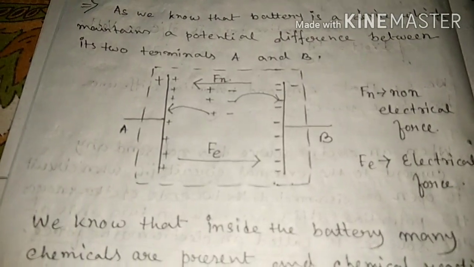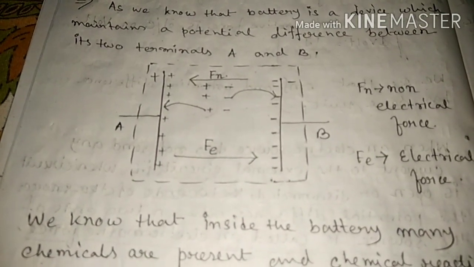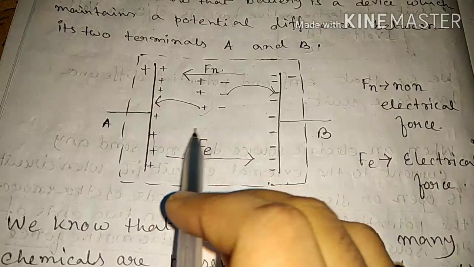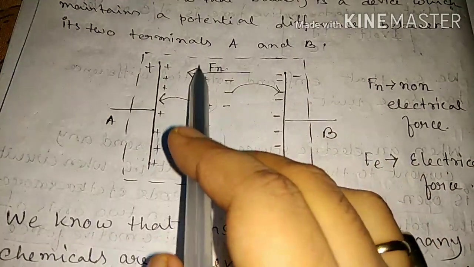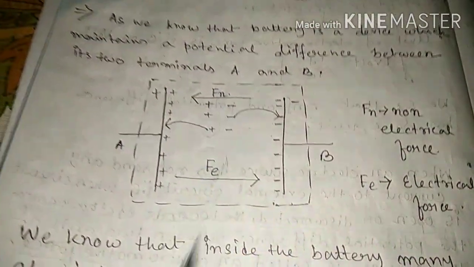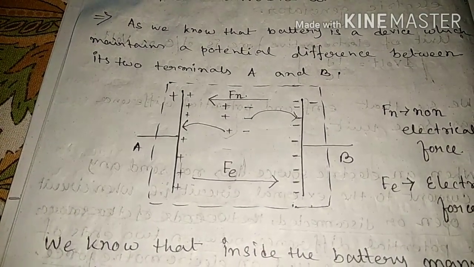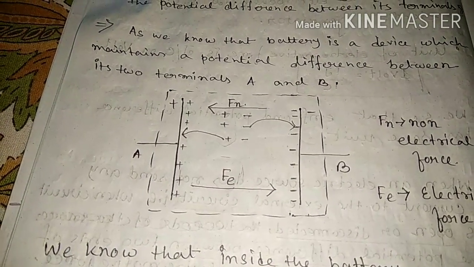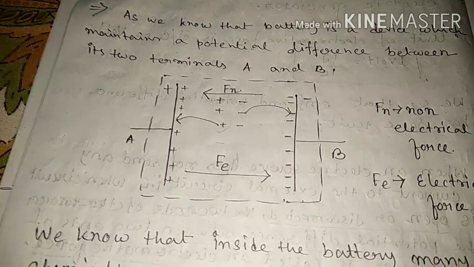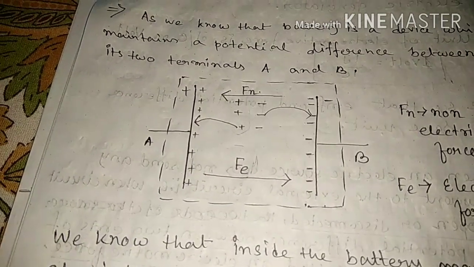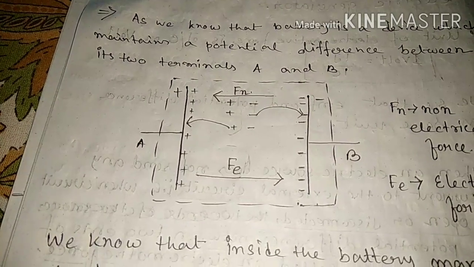Now the question, how long will this process last? When these two forces, electrical and non-electrical force, Fn and Fe, become equal to each other, the process of accumulation will stop.